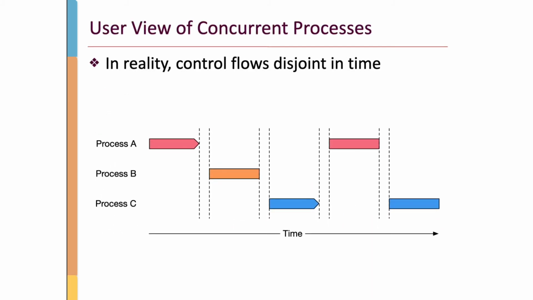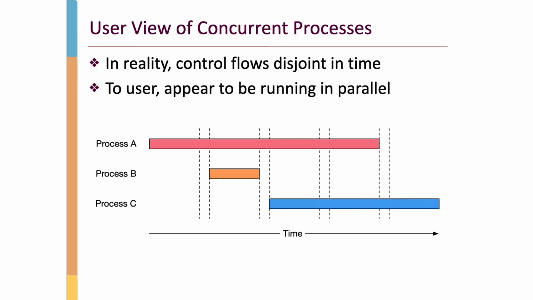From the point of view of the user, this is where we get this notion of concurrency different from what's actually taking place on the processor. We've seen already that this is the real picture on a single processor. The control flow of each of these processes is going to be disjoint over time. They're going to switch from one to the other. But from the perspective of the user, because we're doing these process switches really fast and computers run pretty quickly now, it appears as if these things are running in parallel.